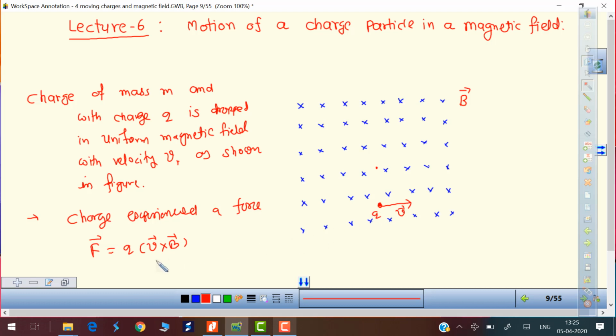In the last lecture we also discussed how to find the direction of the force. So use the right hand palm rule, thumb placed in the v direction and fingers in the inward direction. Then perpendicular to the palm, the force is in the upward direction. So this is the direction of the force.